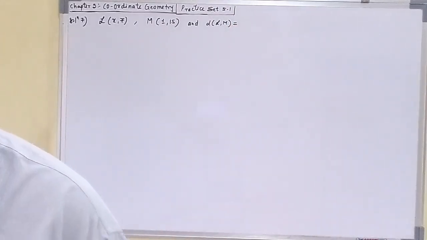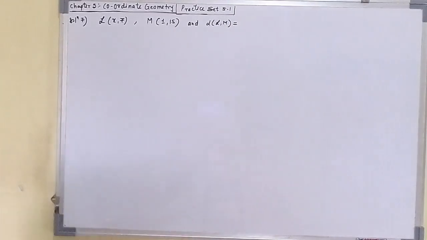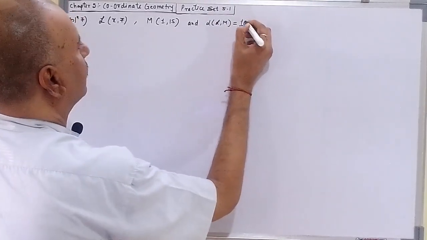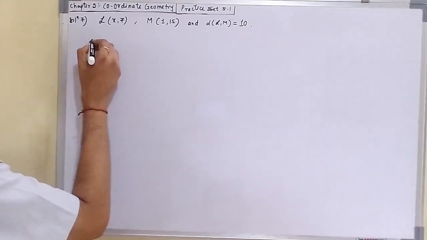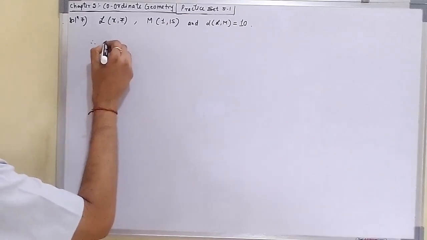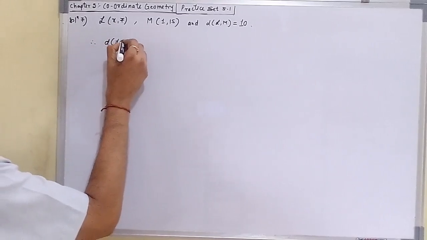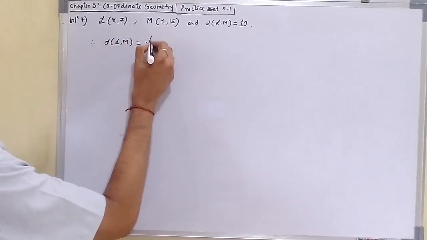If the distance between two points L and M is given as 10, you can find x. Therefore, use the distance formula.